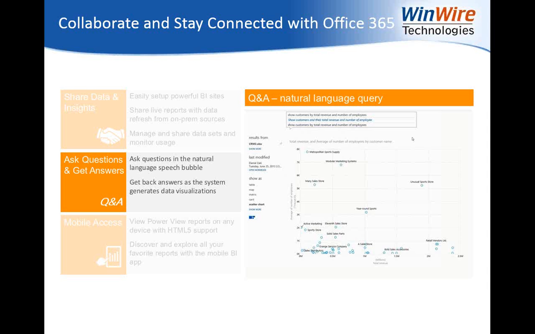To answer such questions, Power BI offers the Q&A facility, which allows the user to type a question in natural language, right? And as you type, the answer will bubble up in the form of a very good visualization. So it's a natural language query which finds the answer in your own data.